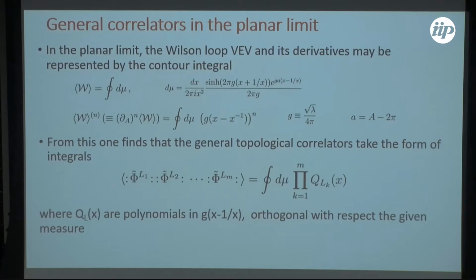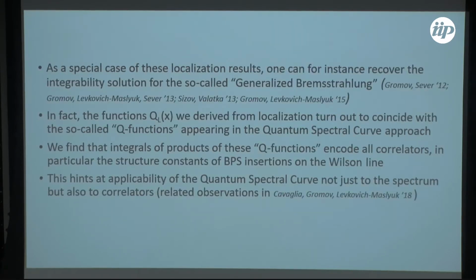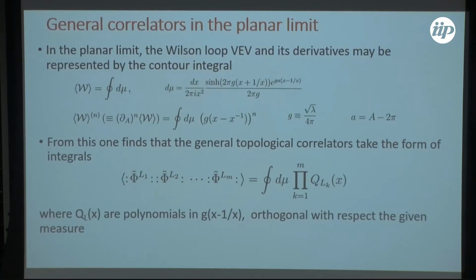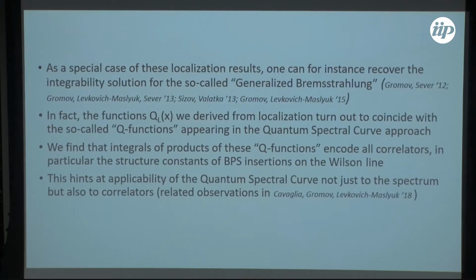Okay, and in particular from this expression, you can, for example, recover the localization, sorry, the integrability result for the generalized Bremsstrahlung that Correa and friends derived. And actually the comparison is quite direct in the sense that these polynomials that we get from localization turn out to be directly related to the Q functions that appear in the quantum spectral curve approach.